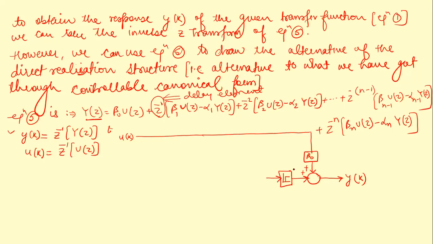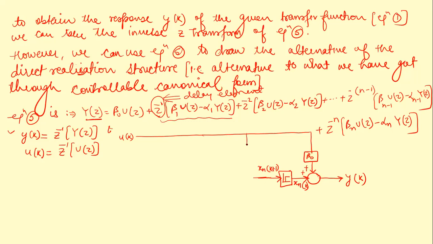For example, the output of this would be xnk, but the input will be xn k plus 1. This is the input, right? Now this xn k plus 1, now we have this term here, right?